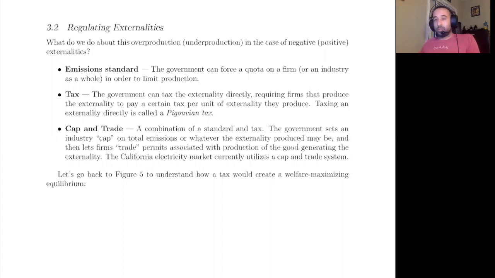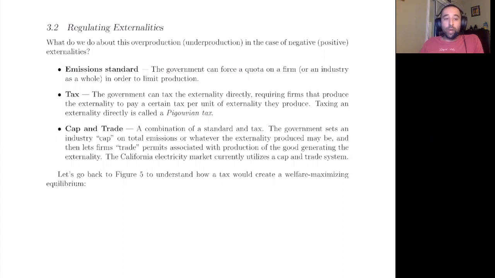And so, oftentimes, it's the role of the government to step in and provide policies that incentivize the change from a private equilibrium to a social equilibrium, because that's going to be a welfare maximizing state to get to.